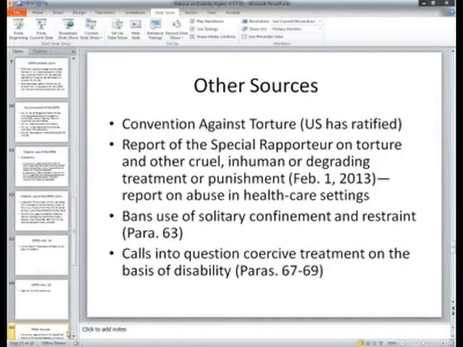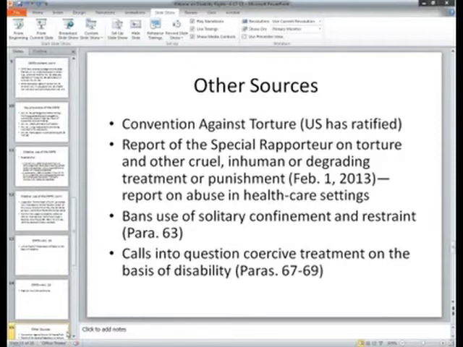And the special rapporteur on torture, who's also a colleague here, Juan Mendez, issued a report in February of this year in which he, as part of the Convention Against Torture, referred to some of the provisions that we've been talking about under the CRPD as being perhaps cruel, inhuman, or degrading treatment. Perhaps not rising to torture, but nevertheless cruel and inhuman.